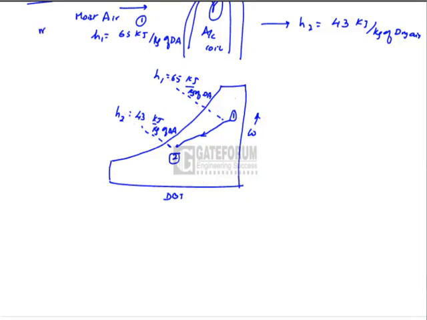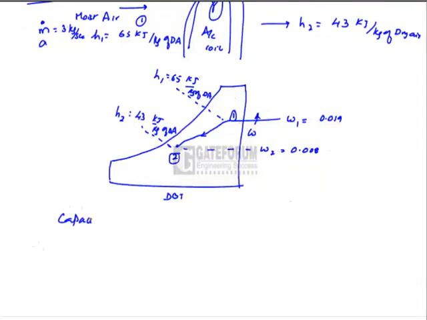What is the mass flow rate of the air? Mass flow rate of the air is 3 kg per second. The specific humidity W1 is also given, that is 19 by 1000, that is 0.019. W2 is given as 0.008. This is a cooling with dehumidification process.